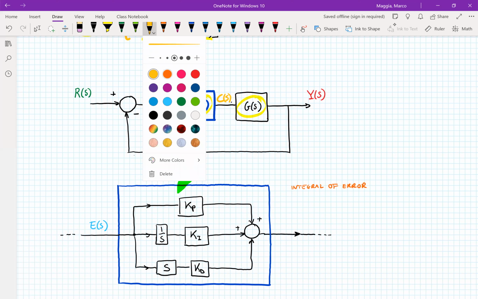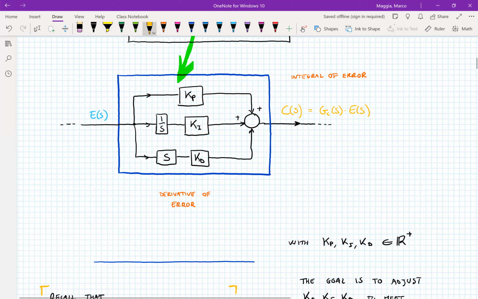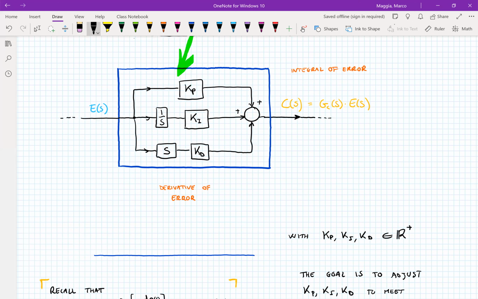Therefore, the output of the controller block is our control signal C of S, which is GC, the controller, times the error. So the transfer function GC is the output over the input. What is the output relative to this block here?